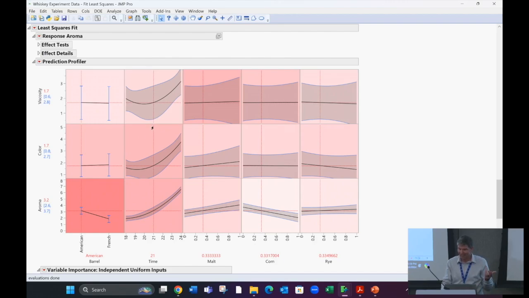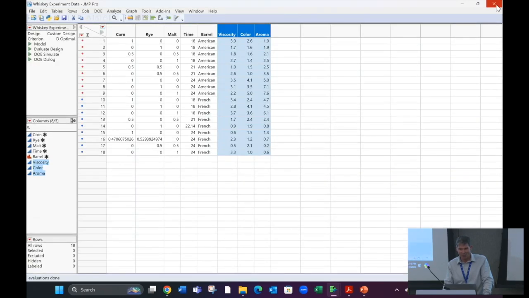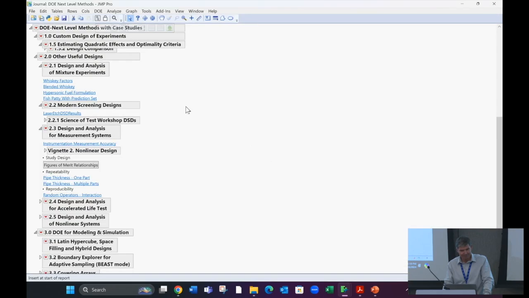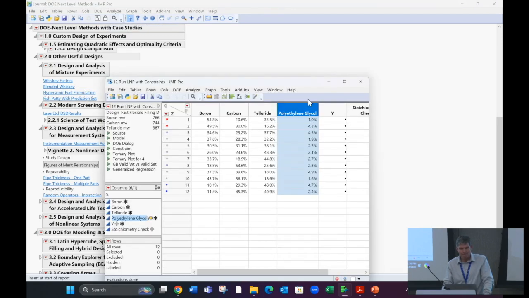So we can do the analysis in the standard way. But as I said, it's really the generalized linear model that ends up helping us out, and I'll show you an example of that as well here. So the next example is going to be this guy right here, the hypersonic fuel formulation.